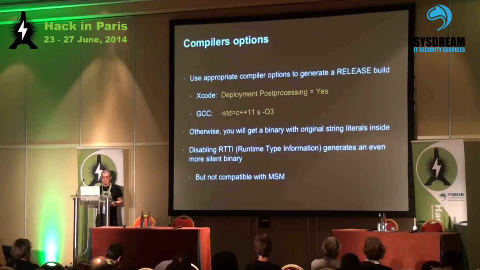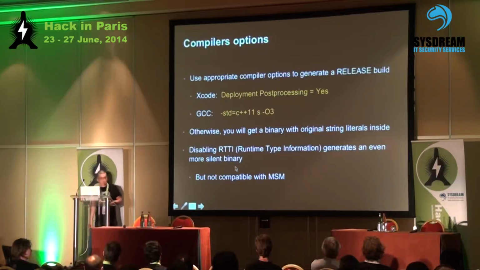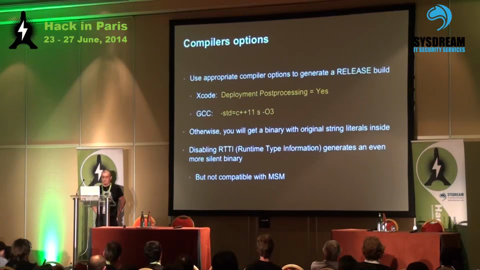You have to specify this on the command line, and you have to use an optimization option. I think that I made a mistake: it's not S, it's -S. For Xcode, you just have to check the deployment postprocessing. Otherwise, a lot of optimizations are not applied to the binary code.